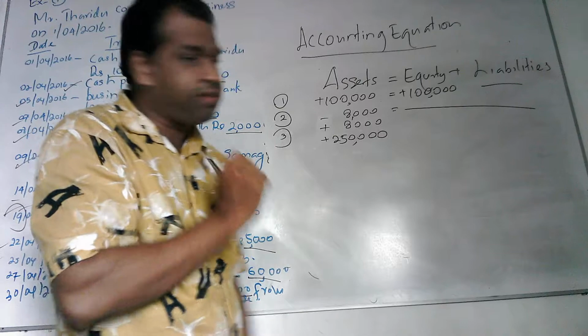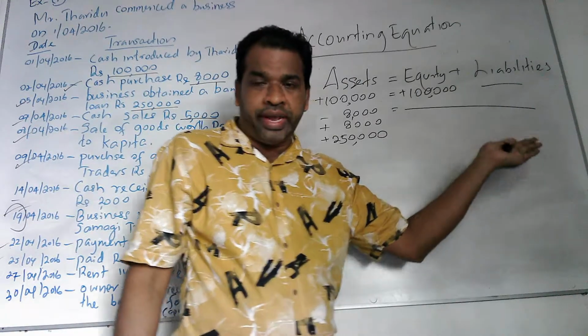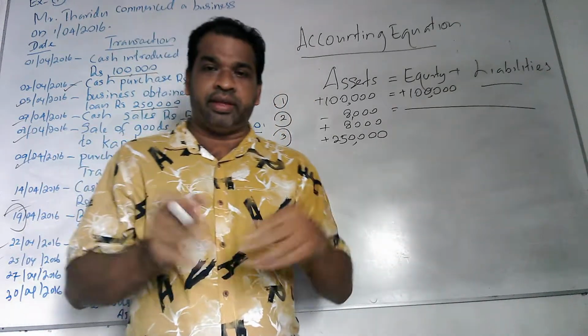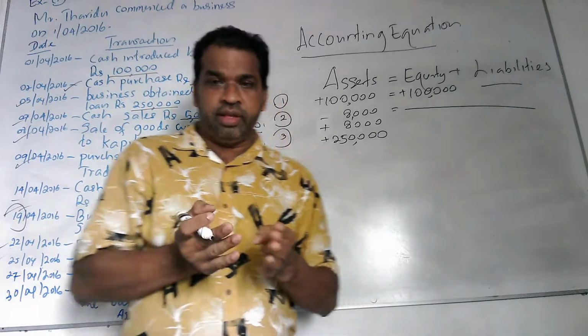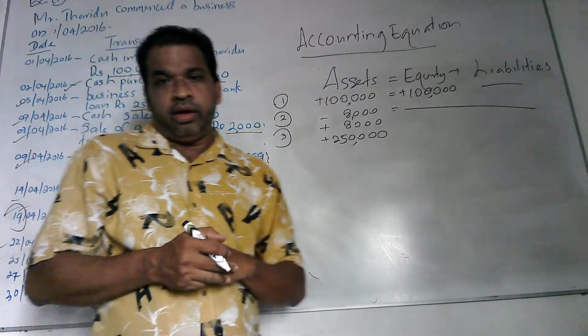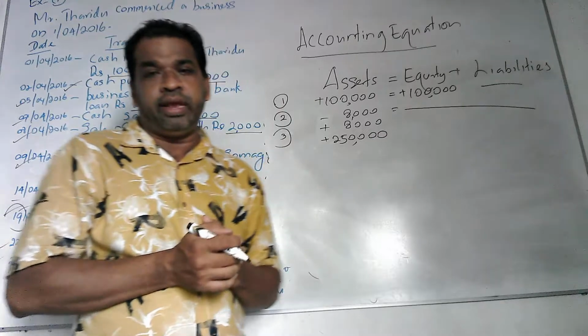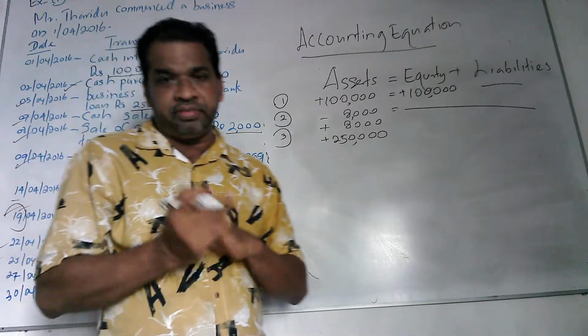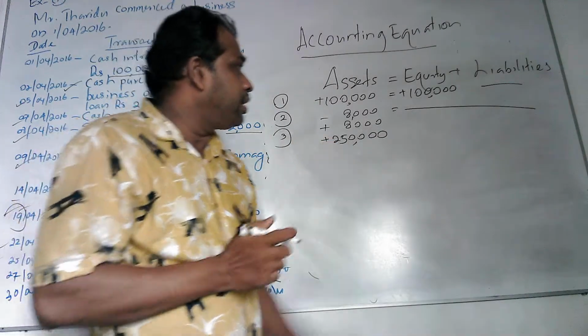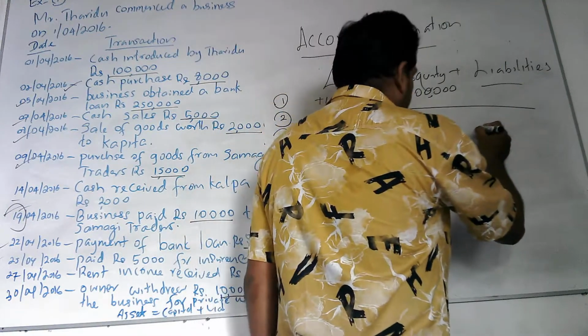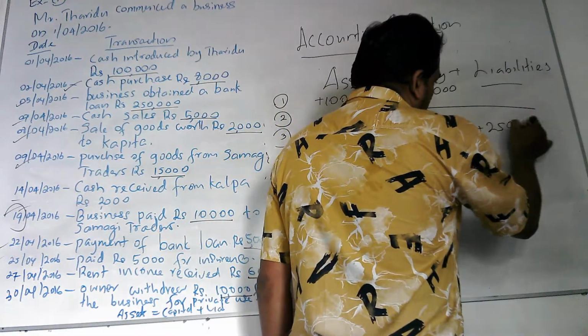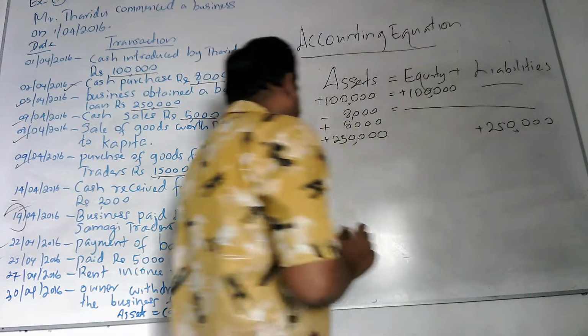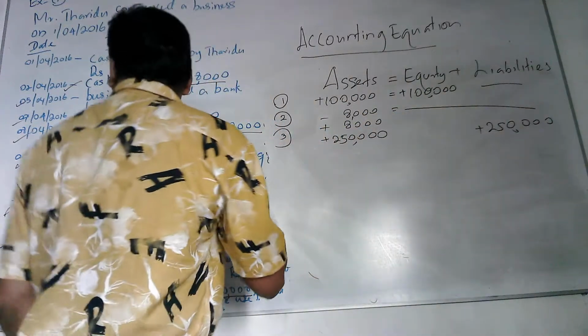Equally, there will be an increase in liability, because when you take a bank loan, you have to repay it by installments until you finish paying. It becomes a liability. Then there is an increase in liability by another 250,000.